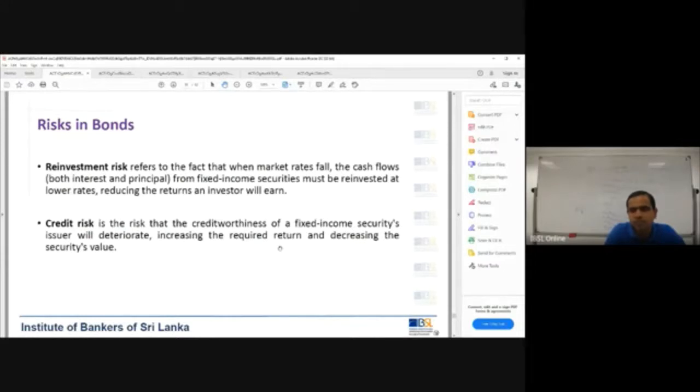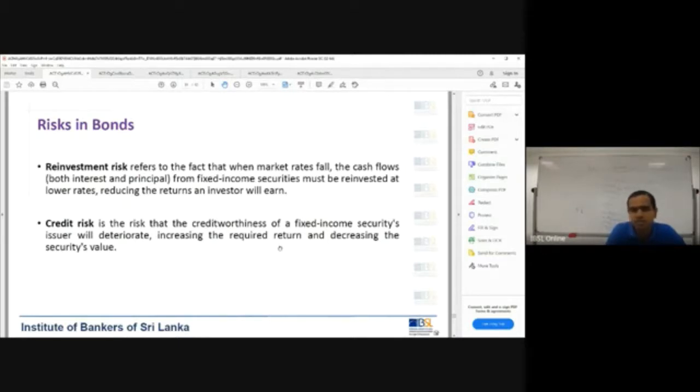Reinvestment risk refers to the fact that when market rates fall, the cash flows, which come from principal and coupon, for fixed income securities must be reinvested at lower rates, reducing the returns an investor will earn. Credit risk is the risk that the creditworthiness of a fixed income security's issuer will deteriorate, increasing the required return and decreasing the security's value, right?